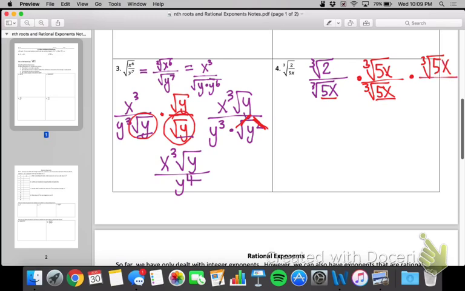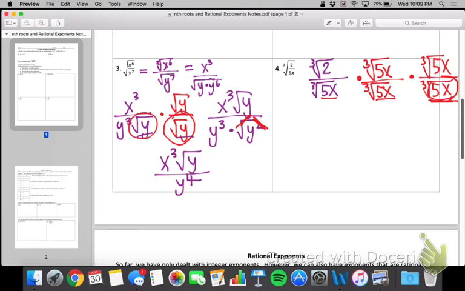So now in the denominator, I have this 3 times, or I have 5x raised to the 3rd power inside the radical in the denominator.